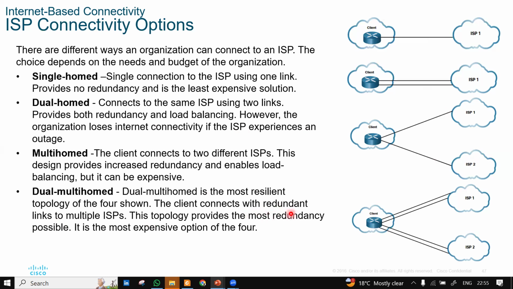The client connects with redundant links to multiple ISPs. This topology provides the most redundancy possible. It is the most expensive option of the four. And my wish is you work at a company like this one. You'd probably be getting paid as much as how expensive those networks are to run.